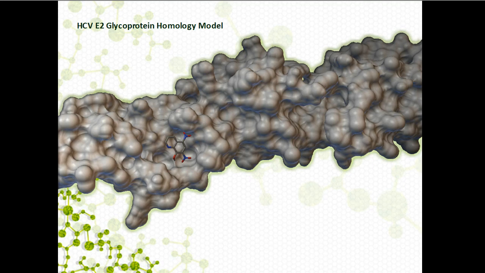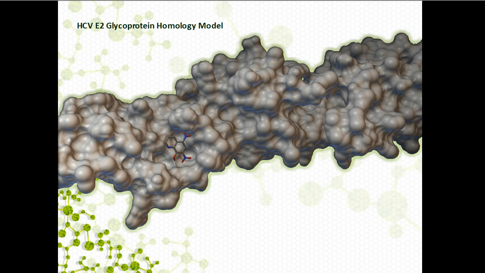This figure shows an example of one of the homology models of hepatitis C virus envelope glycoprotein, and this model in specific was based on the sequence of the envelope glycoprotein of tick-borne encephalitis virus. So from here we know that the template was the envelope glycoprotein of tick-borne encephalitis virus.